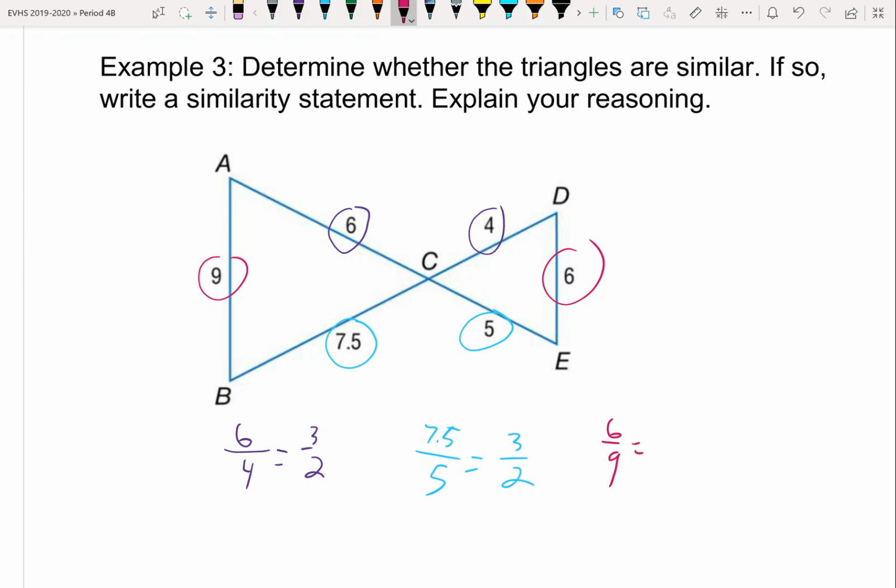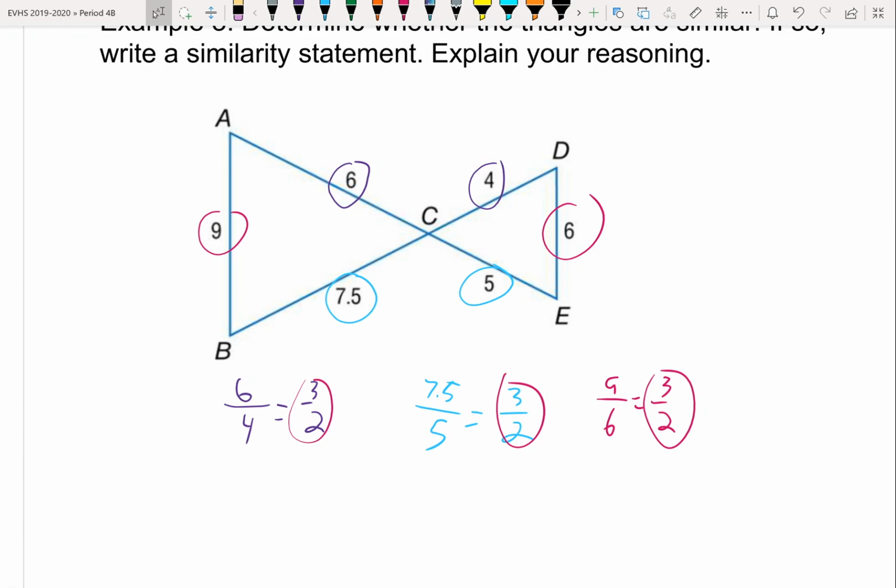I'm sorry. See, I did that wrong. I put the right-hand side one on top. I need to do it the correct way. The left side's on top is 9 over 6, and that reduces down once again to 3 halves. So since I have 3 sets of proportional sides, I know that because all of my reduced fractions or my scale factors are the same, then I have similar triangles.